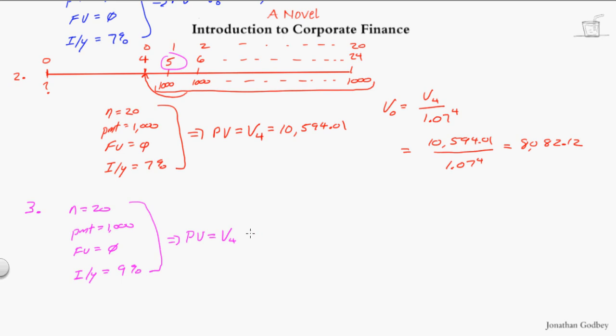The payments start in year 5, and that value is not 10,594. That value is going to be lower because the interest rate is higher.